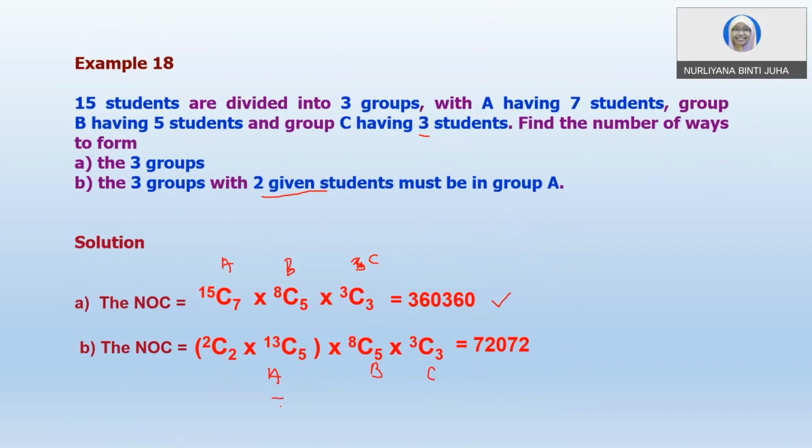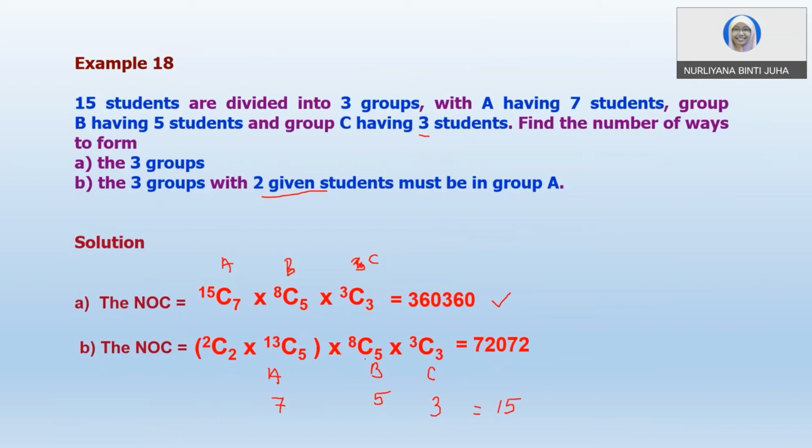Dalam A ni mesti ada 7, dalam B ni mesti ada 5, dalam C mesti ada 3. So all together you have 15 student. Okay. Cumanya syarat yang B ni dia dah letakkan syarat lah yang ada 2 student tadi tu mesti masuk dekat group A. So 2 choose 2 lah dekat situ.